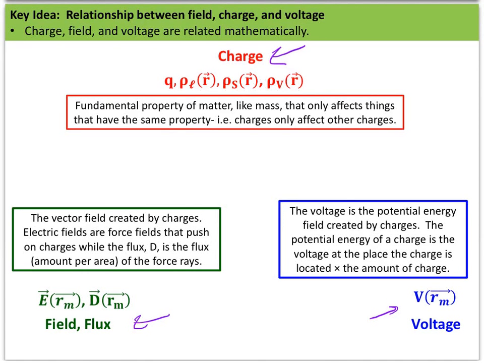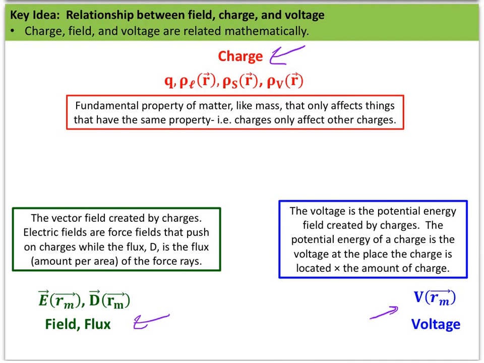The charge is a fundamental property of matter, kind of like things have mass. Some particles have charge, and it only affects things that have the same property. Charges only affect other charges, just like particles with mass only exert gravitational forces on other things that have mass.